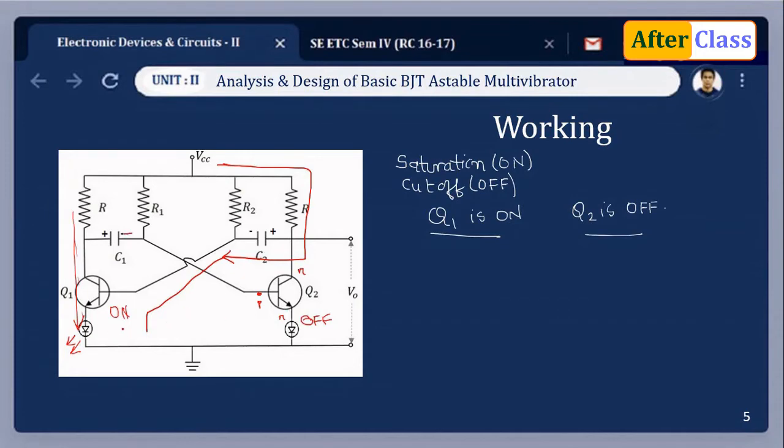When this transistor is on, this capacitor C1 will discharge through this path. In the earlier state, this capacitor C1 was charged to a value of VCC. So the off time of Q2 is determined by the R1 C1 time constant. These values of R1 and C1 are going to decide for how long transistor Q2 is going to remain in the off state.